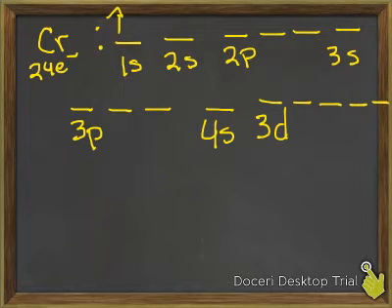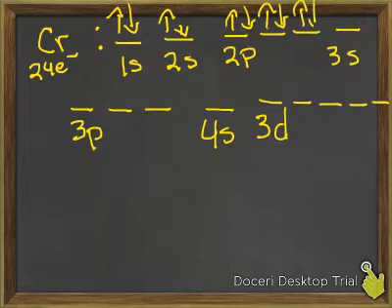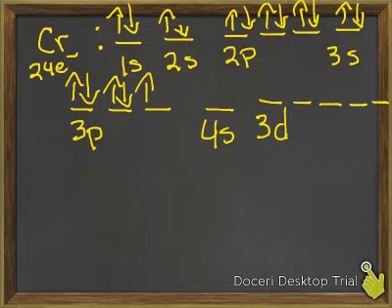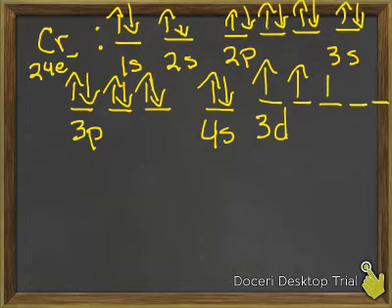So 1, 2, 3, 4, 5, 6, 7, 8, 9, 10, 11, 12, 13, 14, 15, 16, 17, 18, 19, 20, 21, 22, 23, 24. How did I know to stop there? I have no more electrons.